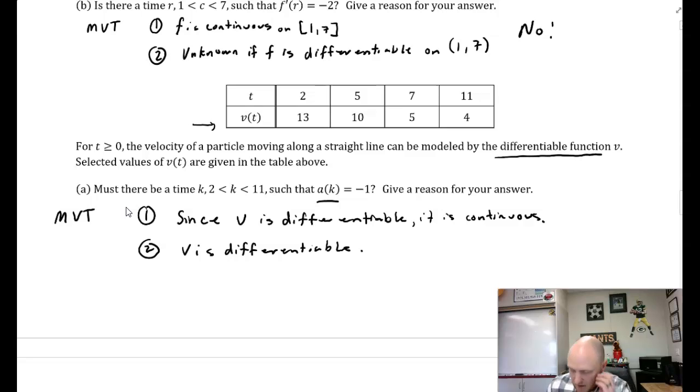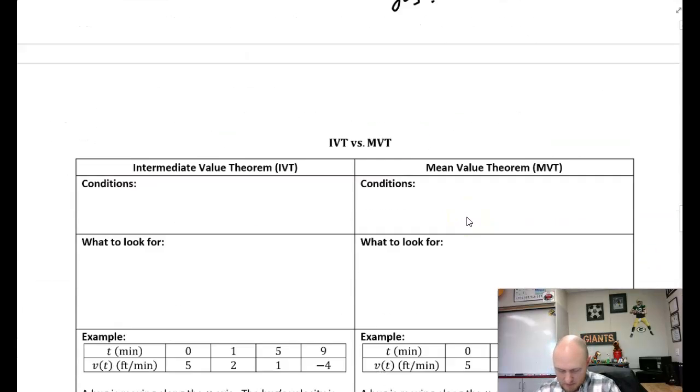Okay, so there you have it. If it's differentiable, it is continuous. So the answer here is yes. We could go ahead and apply the MVT. Okay, and I know I didn't give specific values, but they say for all t greater than 0. So for all t values there.